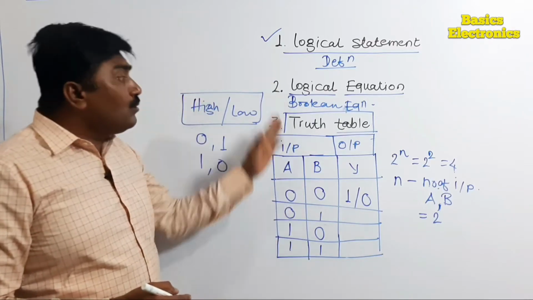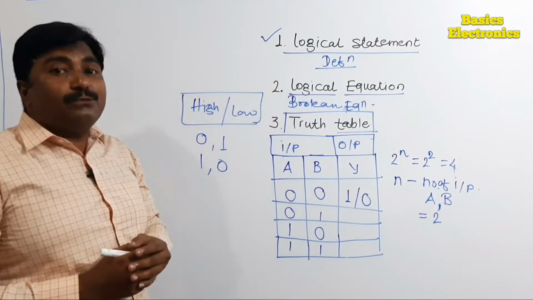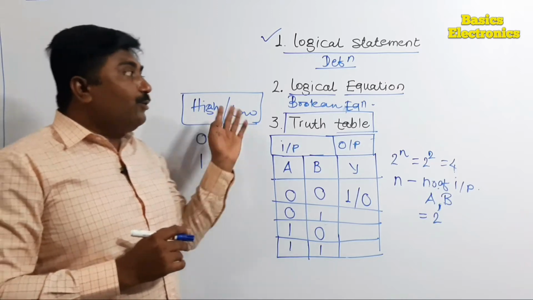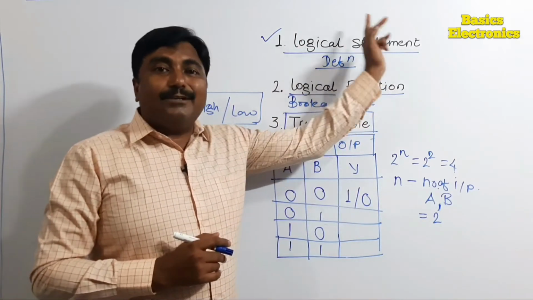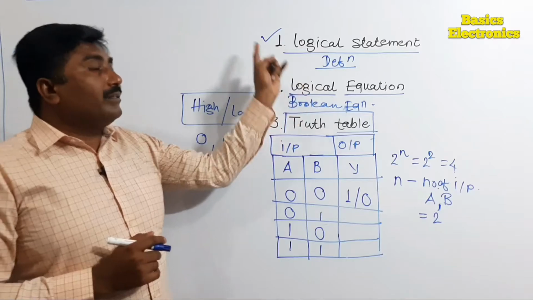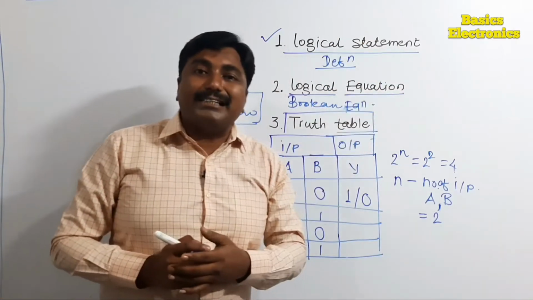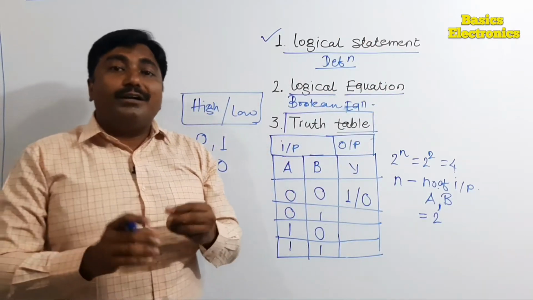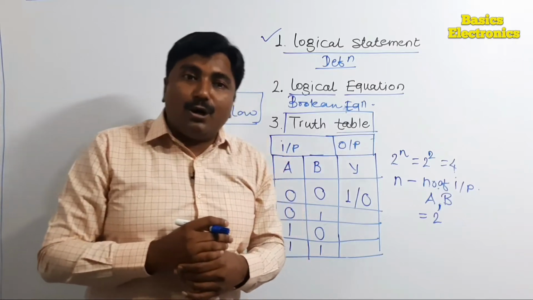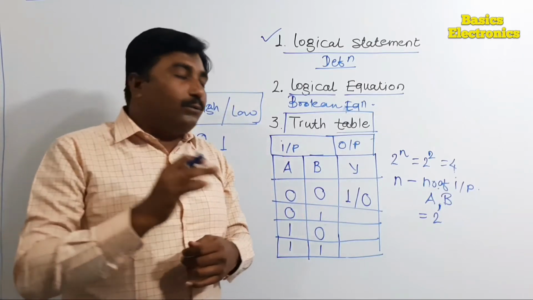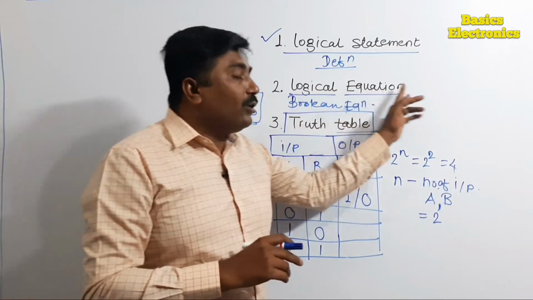So we have seen 3 different terms regarding the logic gates. First one is the logical statement or logical definition, which provides the condition for getting a high or low output according to that particular gate. Second one is the logical equation.